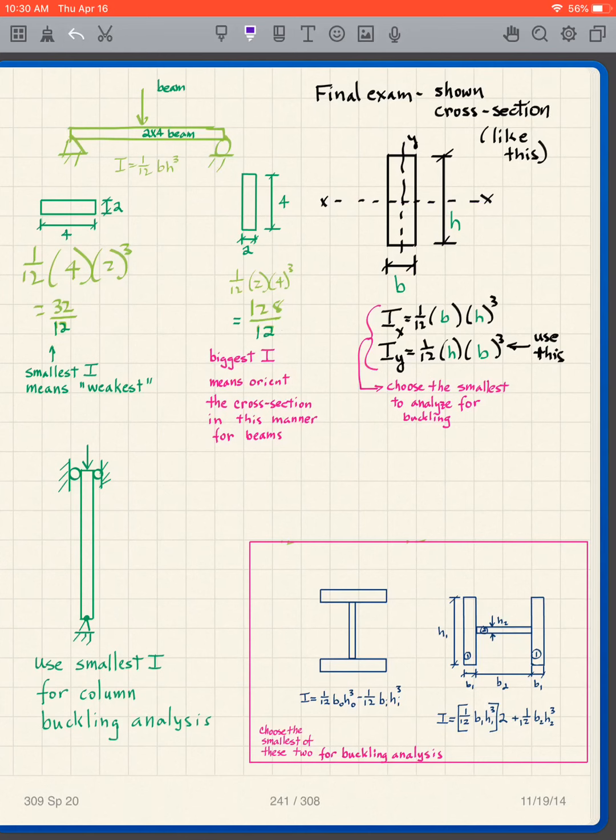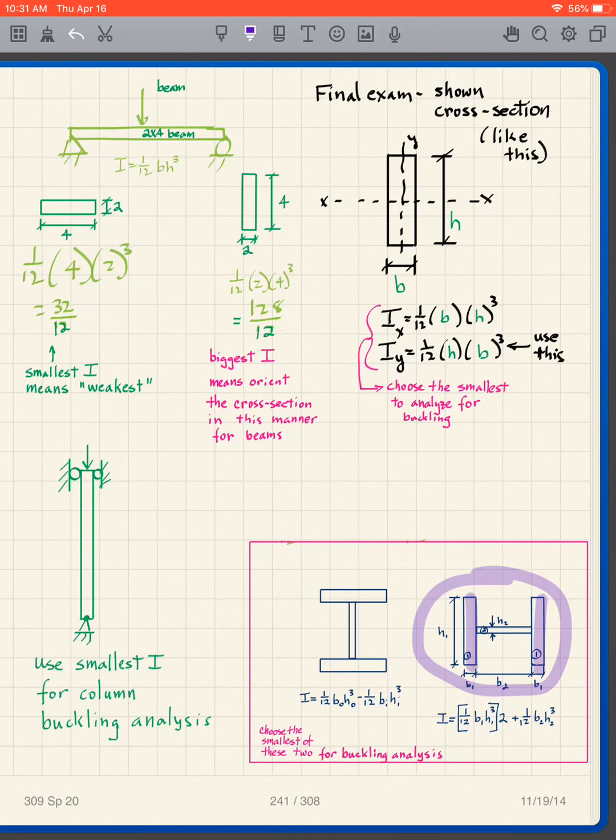Now, what happens if we use an I shape, or wide flange shape, or an I-beam? Then I have to compute the moment of inertia this way, and I have to compute the moment of inertia this way. If you remember how we did the I before, we created a box: 1/12 b outer h outer cubed minus 1/12 b inner h inner cubed. Just as a reminder, if I turn it sideways, then I have my two flanges here.